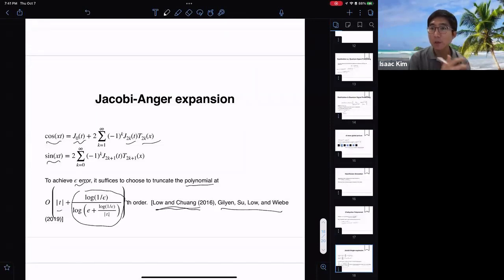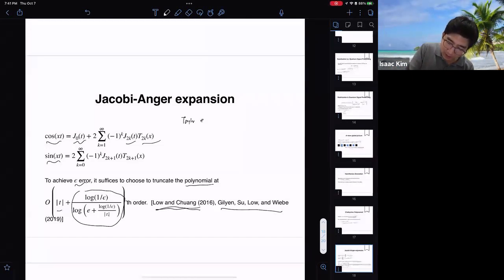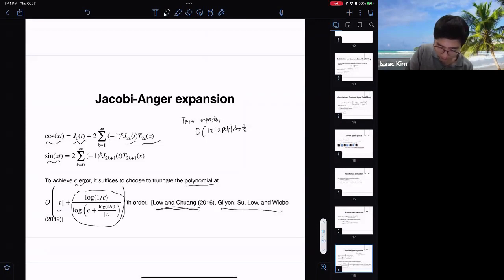So even before that, I told you about the Taylor expansion method, and there was a certain sense in which the Taylor expansion method was also optimal. But it was optimal in the sense that the cost was big O of T times a polynomial of log 1 over epsilon.